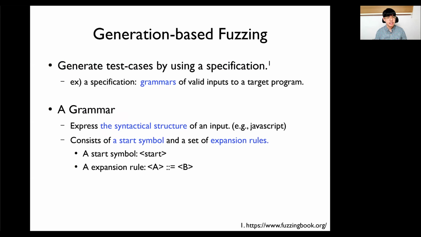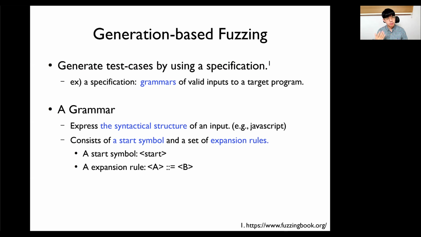More specifically, this specification usually refers to the grammars that express the valid inputs for the target programs. In other words, grammars express the syntactical structures of the inputs like JavaScript or MP3 files.